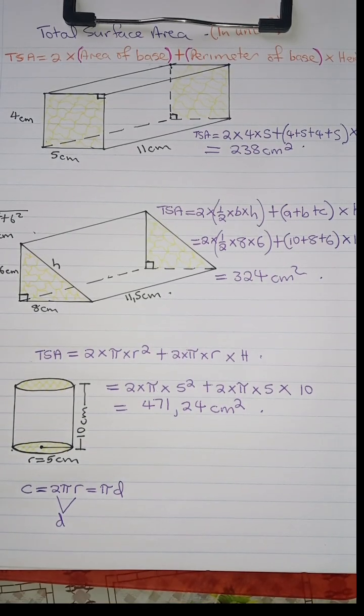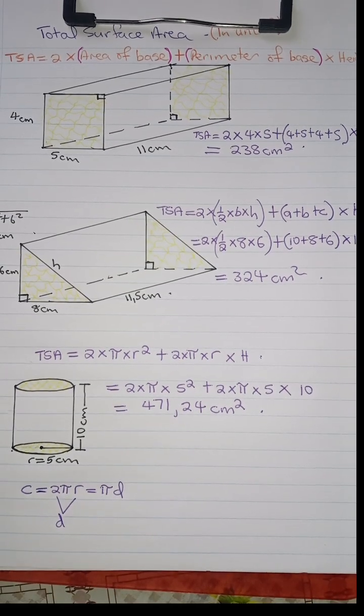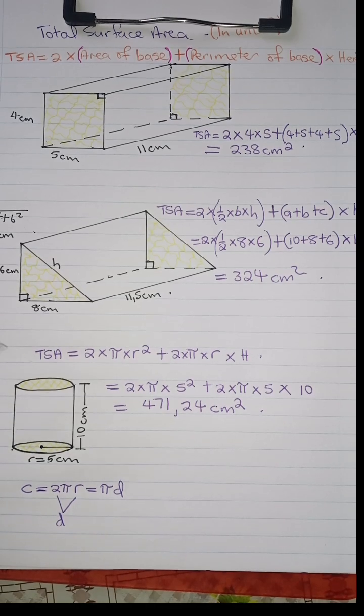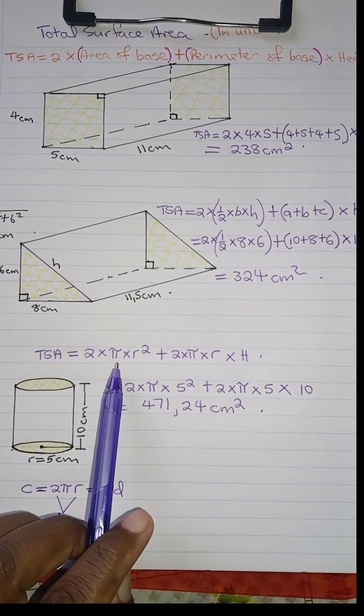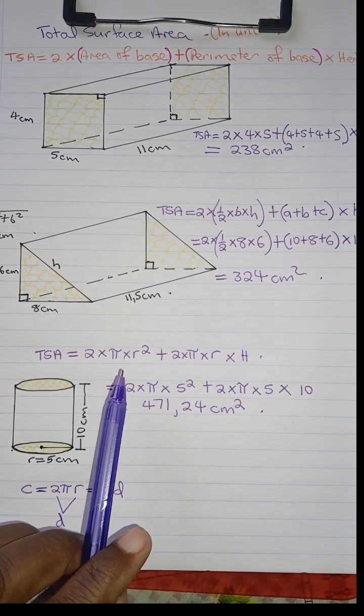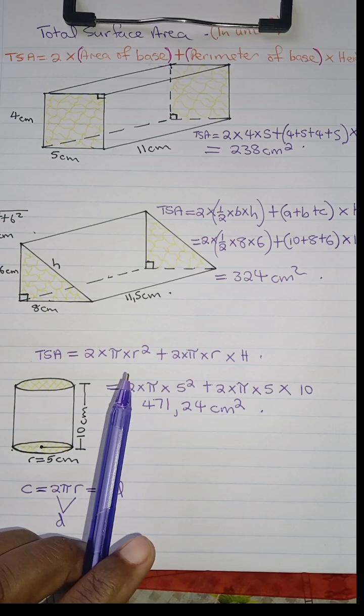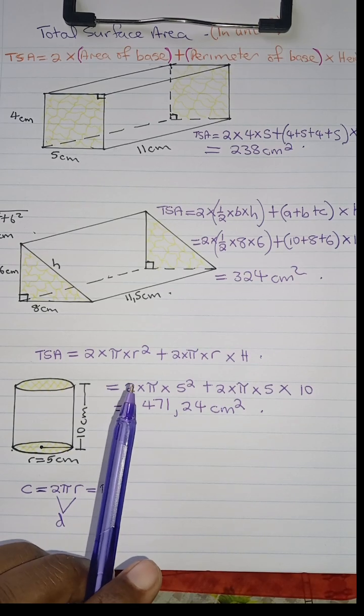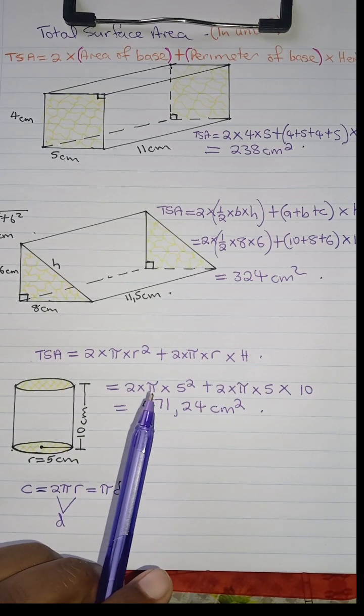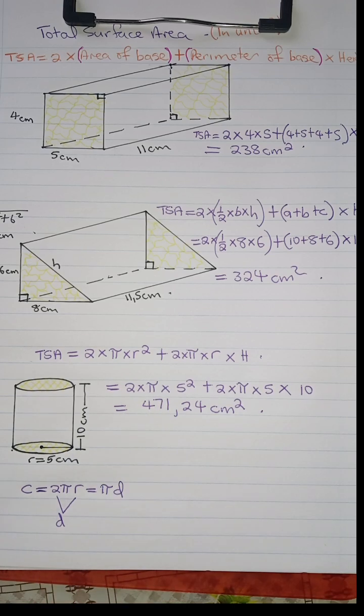Of course, sometimes you are given the value of pi to be 3.142, and if there is an instruction that says use that one, then use it. But if there is no instruction given, you can just use the pi on your calculator, the one that has not been rounded off to 3 decimal places. That one is more accurate.